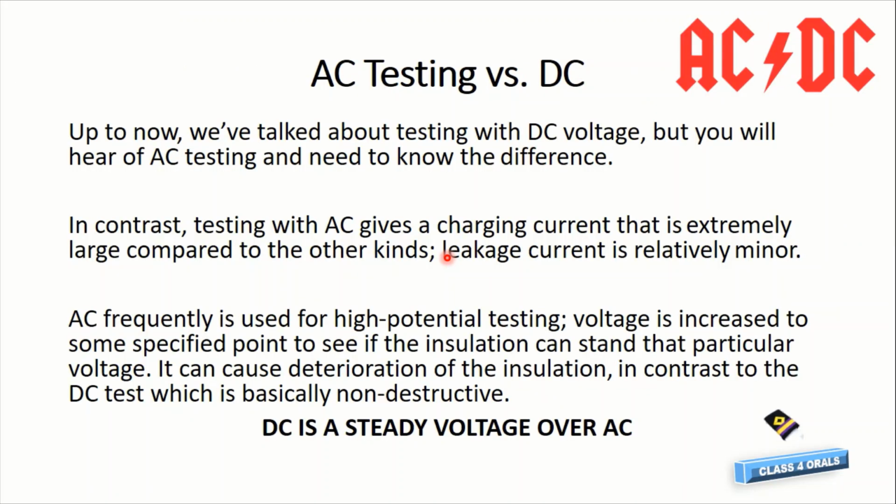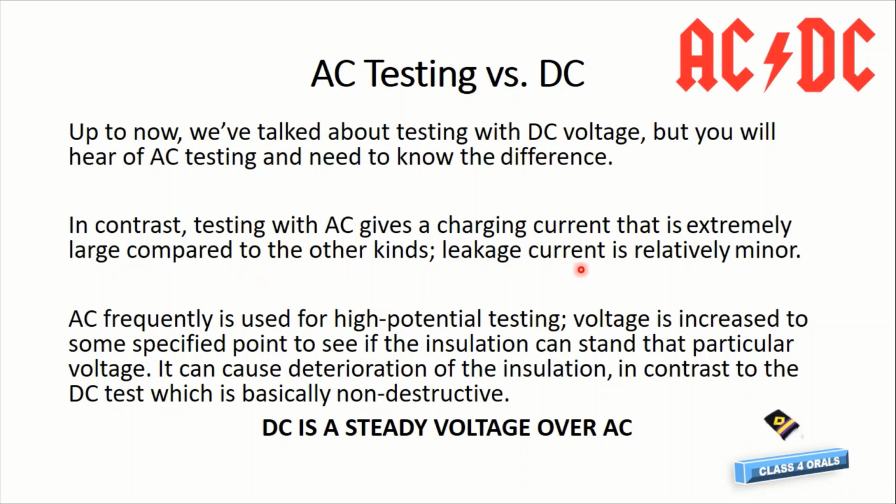Now, up to now we have talked about the testing with DC voltage, but there may be a question: why are we not considering AC testing? We can test with AC, but AC will give a charging current that is extremely high as compared to the other kinds.